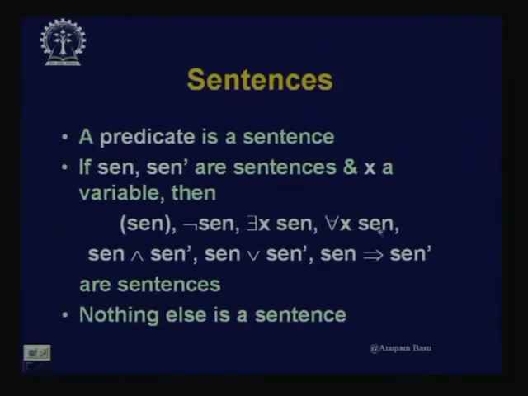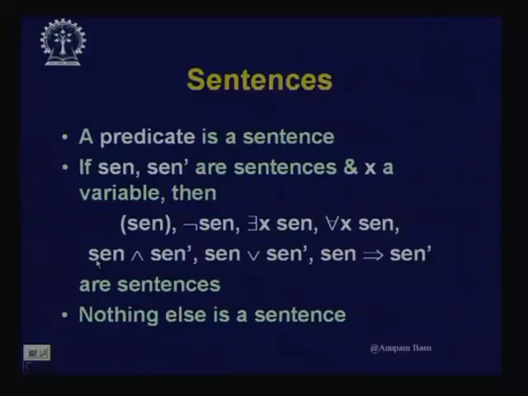For all x, tall x is a sentence, though it may not be true, that is for all people they are tall, may not be satisfied in a particular domain. Tall x and strong y is a sentence. Tall x or strong y is a sentence. Tall x implies strong y is another sentence.